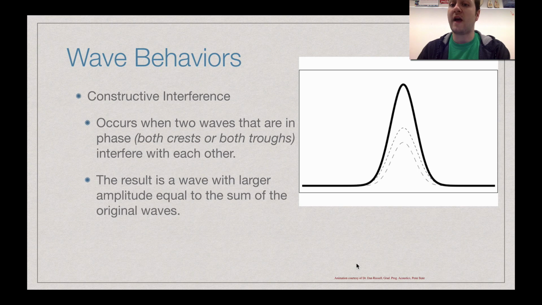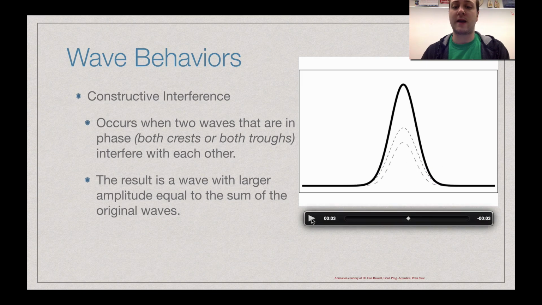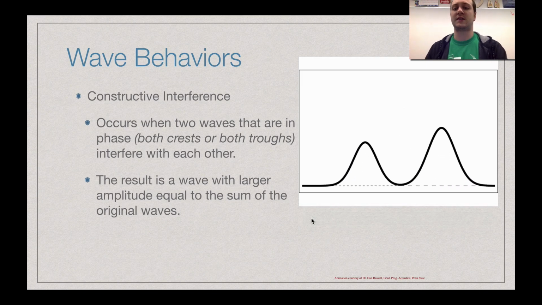So that single wave that would occur in that one location would be 5 meters tall. Then those waves will continue propagating as they were. They're going to separate, and we're going to see the 2 and 3 meters continue moving as they were. So we only see this constructive interference when they're in the same spot at the same time.